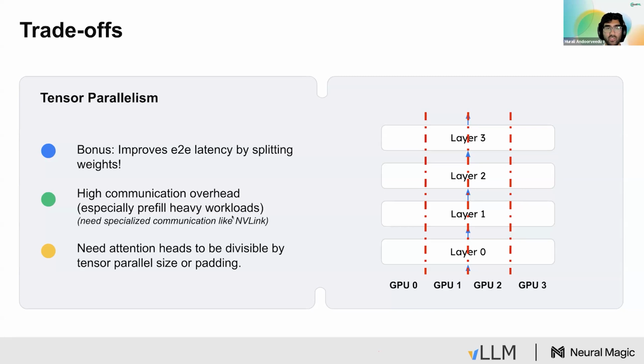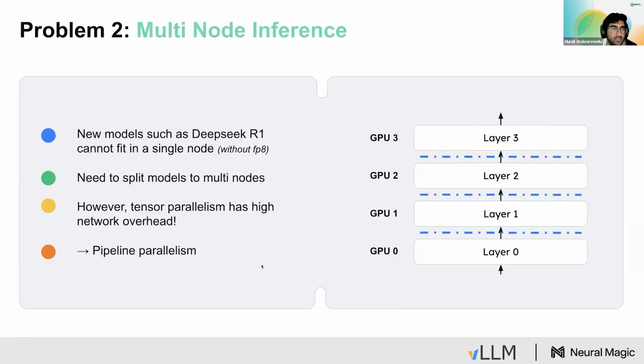So that's a situation where the rule is not as hard and fast, right? You really have to think about it, maybe do some profiling to understand if that's going to work in your situation. And we also have this caveat that the attention heads need to be divisible by the tensor parallel size, or you have to employ padding in general.